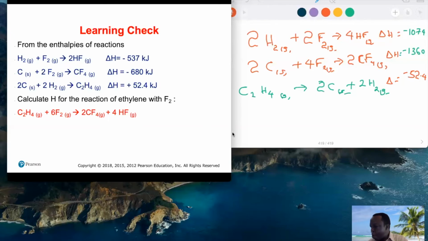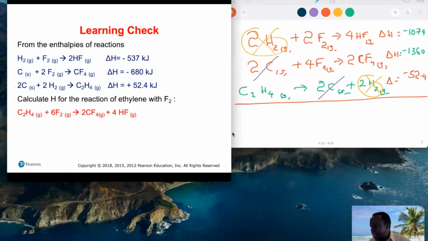So in other words, for the overall, you need to pay attention to how you end up with this. This is the overall. Just like the net ionic equation, you cancel out what looks the same. We don't call it a spectator in this case. If I bring down everything and cancel what looks exactly the same, the carbon solid will go away with the carbon solid on the reactant side and product side. The hydrogen will go away with that as well.